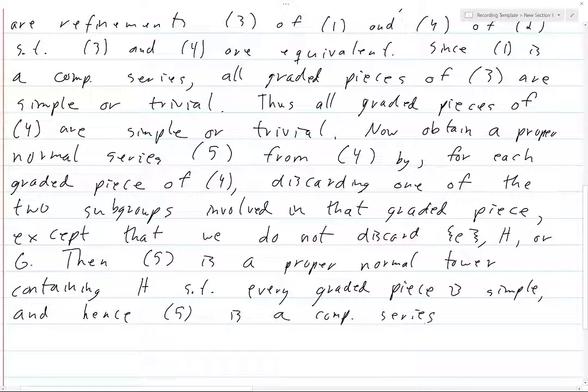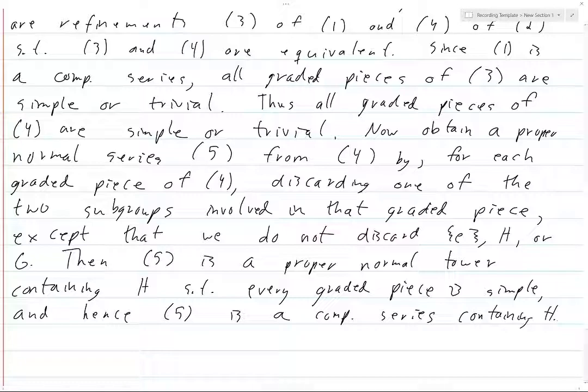Oh, that's right, composition series. Well, normal series, whatever. Composition series containing H. So there we go. That completes the first part of the proof, that we do have a composition series which contains this particular non-trivial normal subgroup H of G.